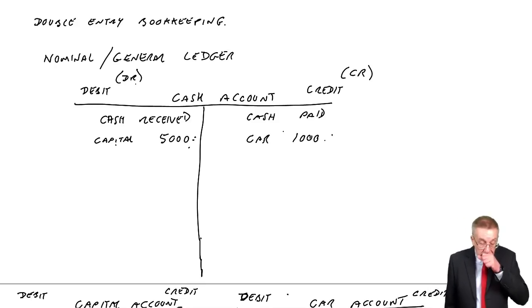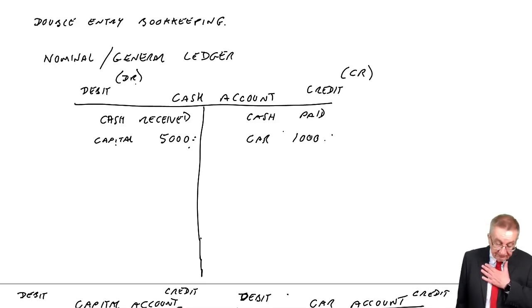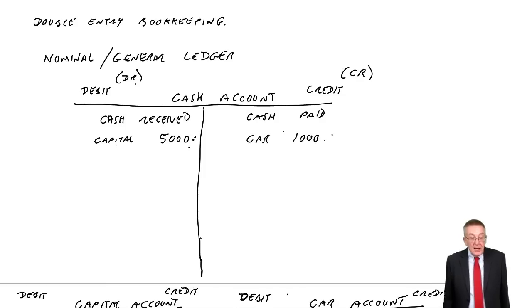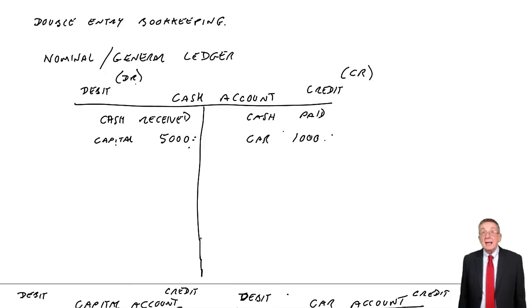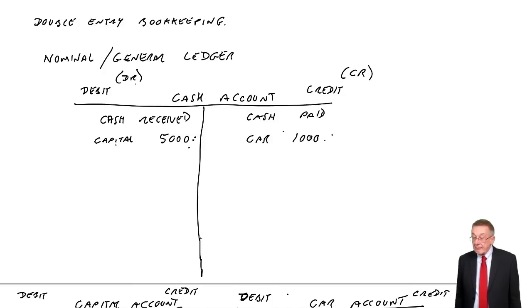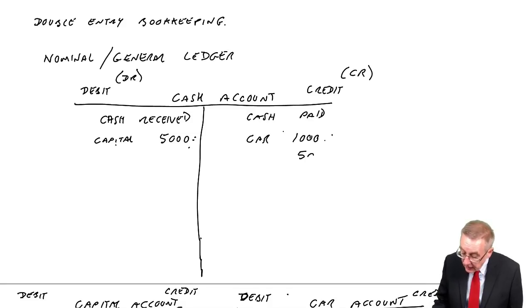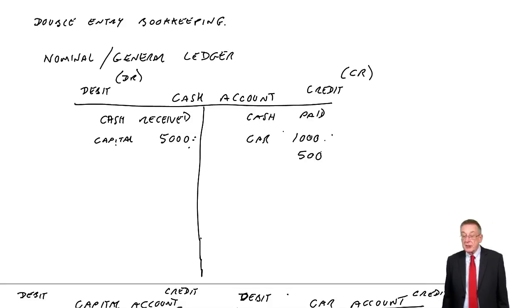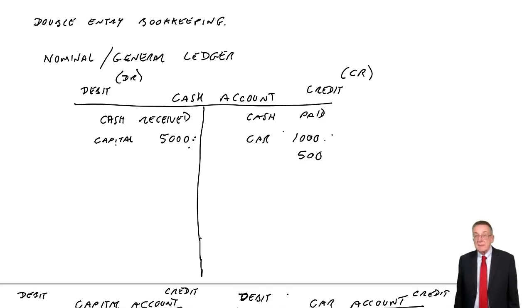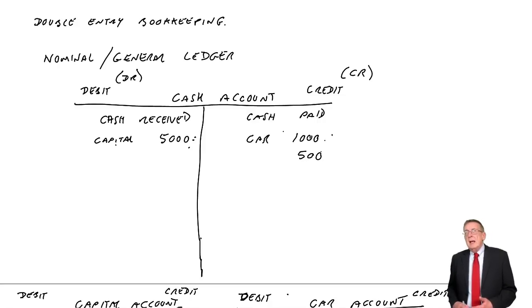Let's carry on. We buy goods for resale for 500 cash. Well, we've paid cash, so 500 on the credit page of cash. The double entry. Now be careful, you may want to use an inventory page.